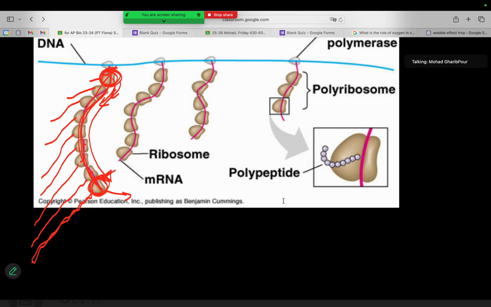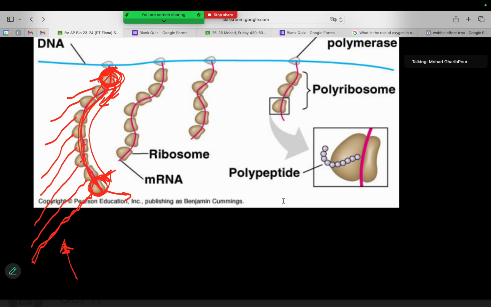And you don't stop with one round. You keep attaching ribosomes as soon as space becomes available, and you keep producing more and more proteins. As you can see, you can create a lot of proteins with that system.